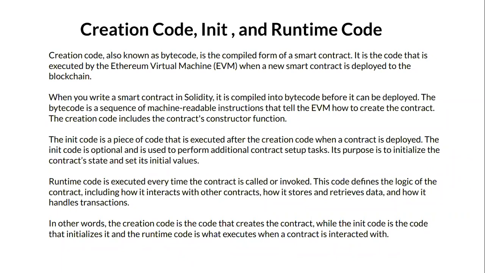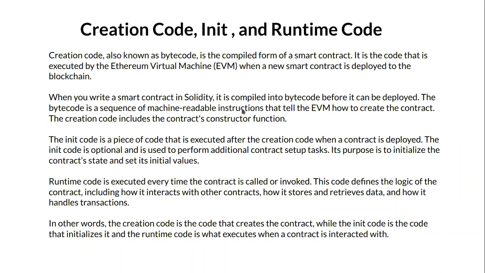So like I said, creation code is also known as the bytecode, the compiled form of a smart contract. It is the code that is executed by the EVM when a new smart contract is deployed to the blockchain. When you write a smart contract in Solidity, it is compiled into bytecode before it can be deployed.